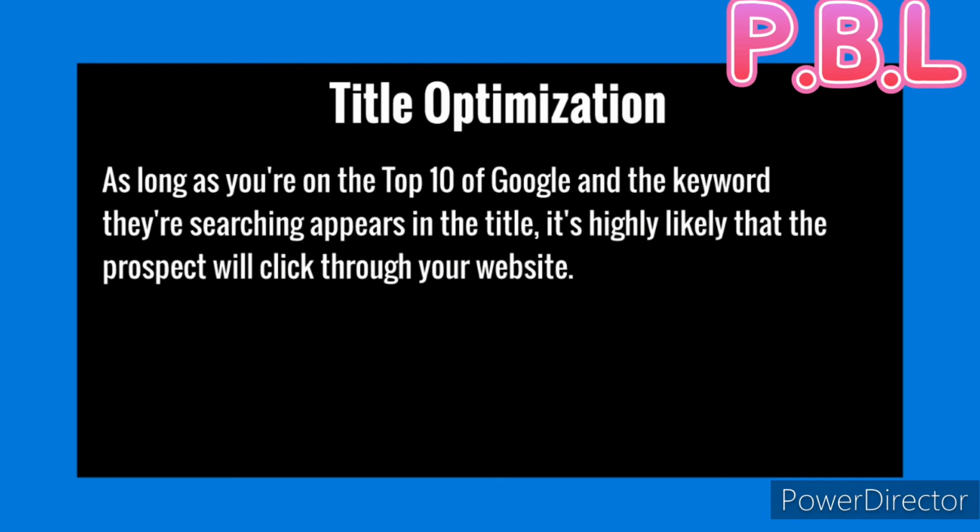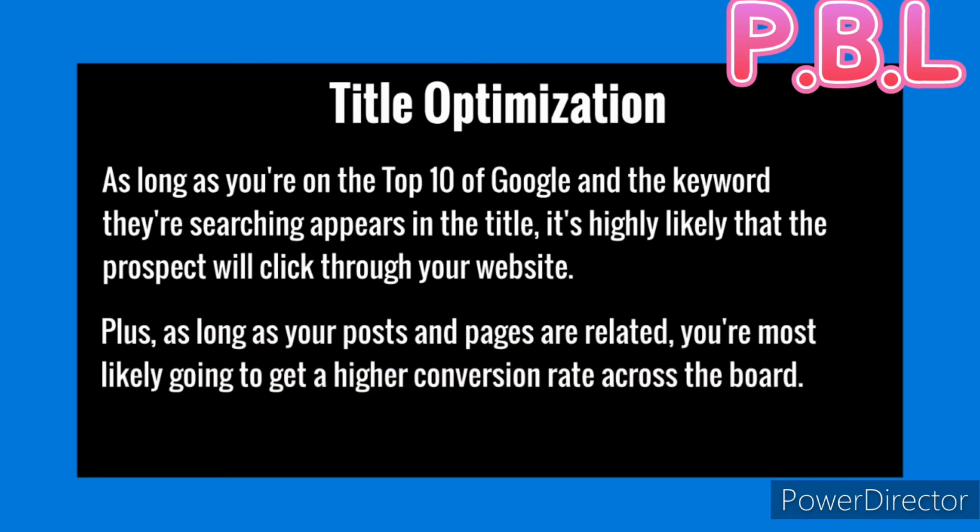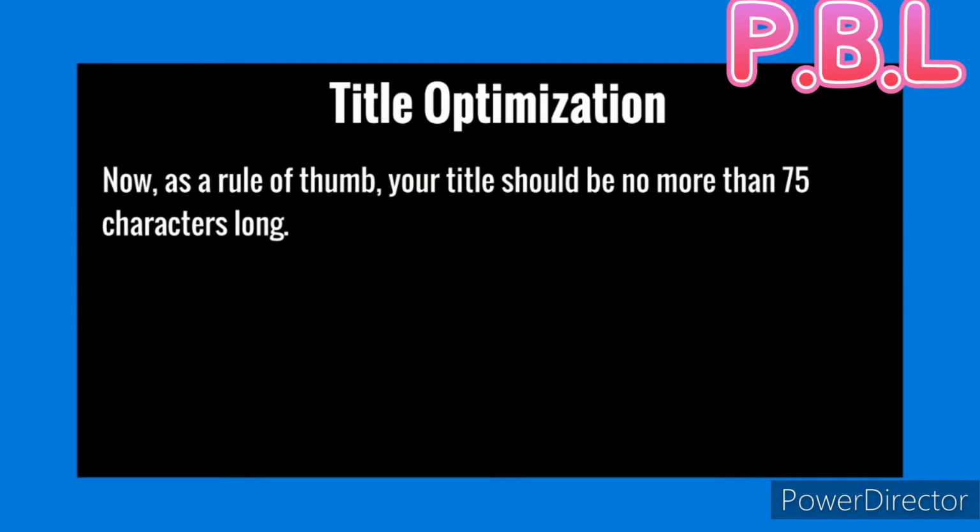So as long as you're congruent from the keyword to the title, to the post or page, to the content itself, to the call to action, to the product, everything congruent from the beginning to the end, you're most likely going to gain the trust of the prospect and get the conversion. That's the most important thing. So as long as your post and pages are related, you're most likely going to see a higher conversion rate across the board, like I said earlier.